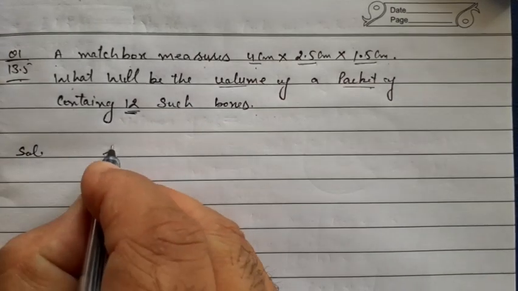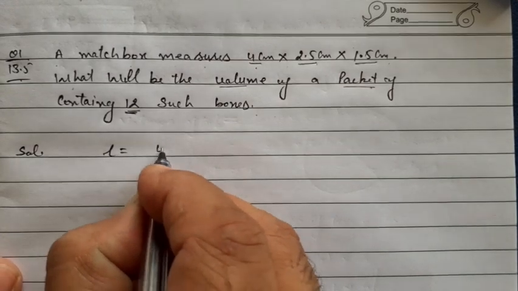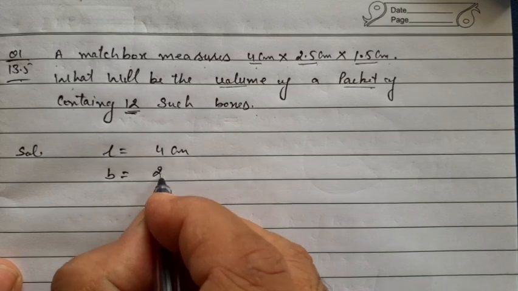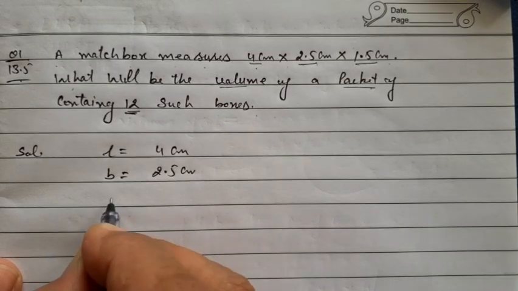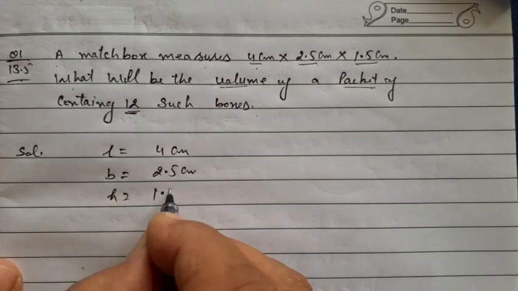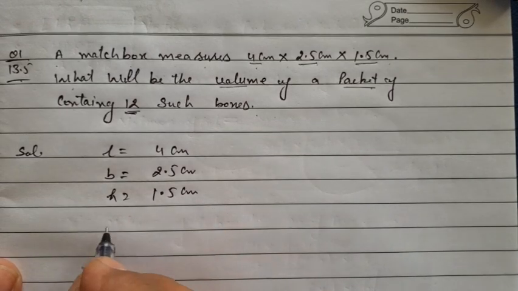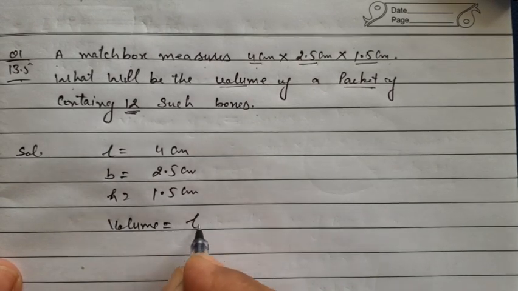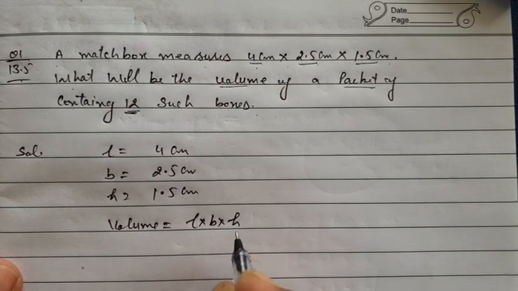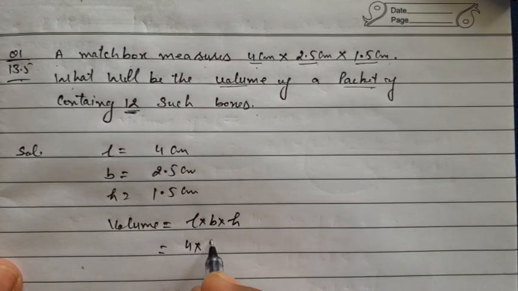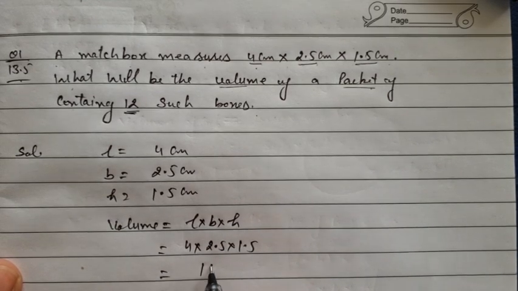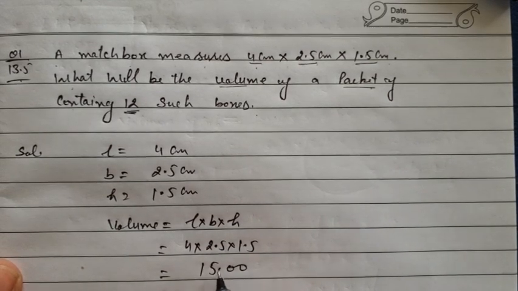So here the length of the matchbox is 4 centimeter, breadth 2.5 centimeter and height is equal to 1.5 centimeter. So volume is length multiply breadth multiply height, that is 4 multiply 2.5 multiply 1.5, that is 15.00 centimeter cube.